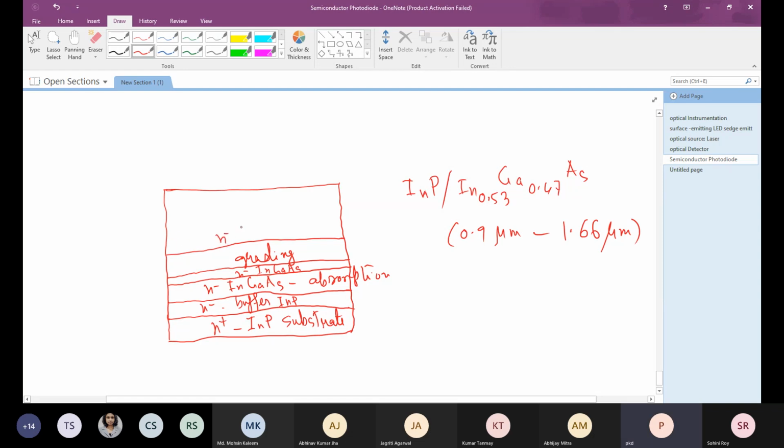Then here lightly doped indium phosphide, because of a discontinuity in the band gap energy, charge will be trapped here.